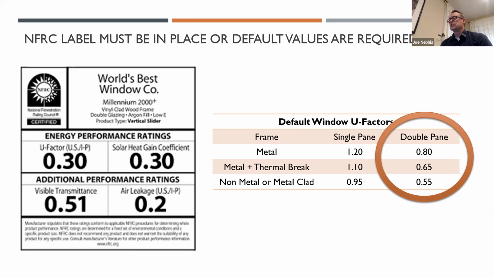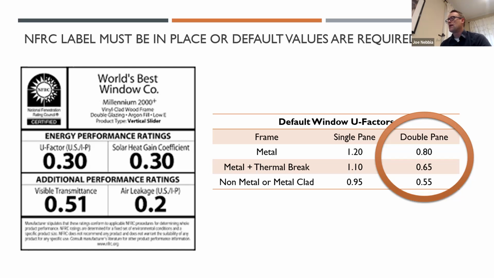And then you'll be forced into one of the other compliance options. So again, that's why it's important to have that NFRC sticker there. If you don't have it, the code assumes that you have this kind of worse than code window, which will end up causing you compliance issues.